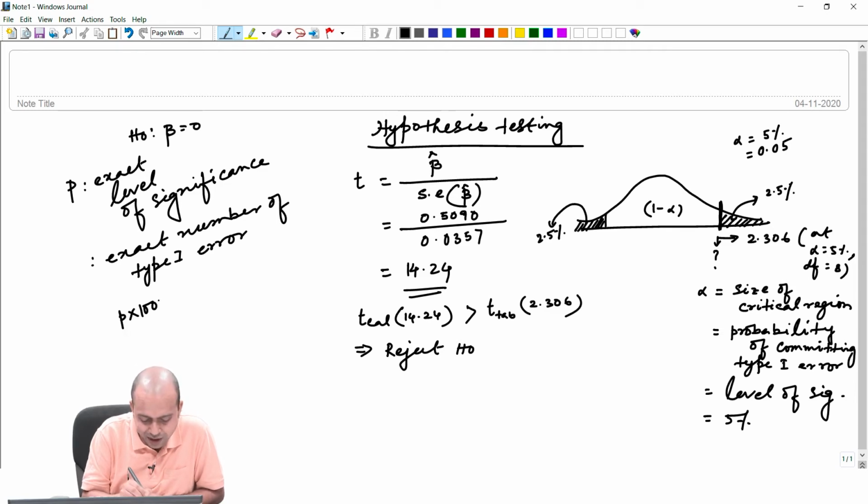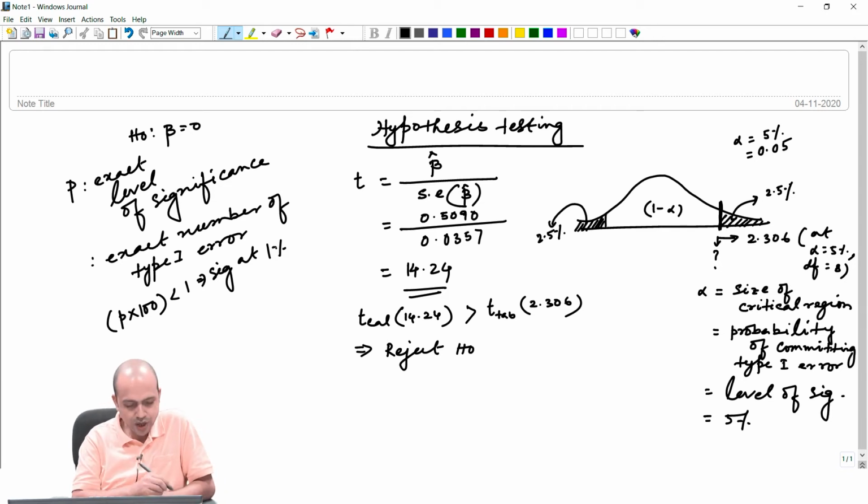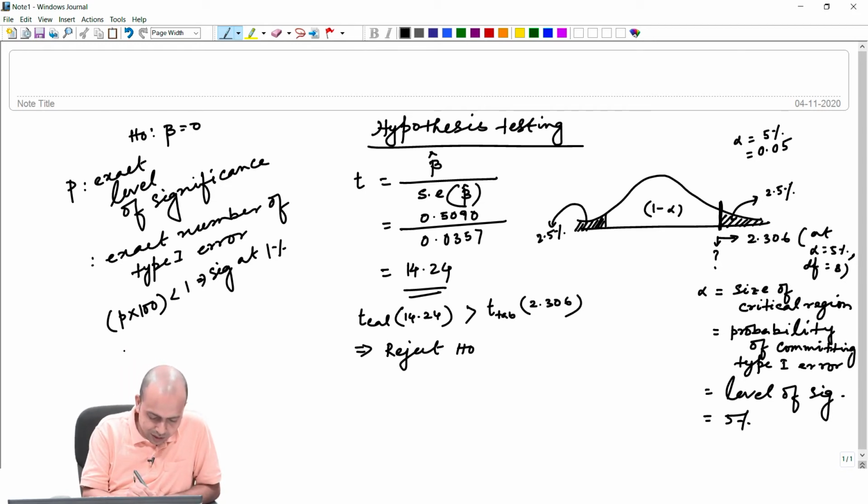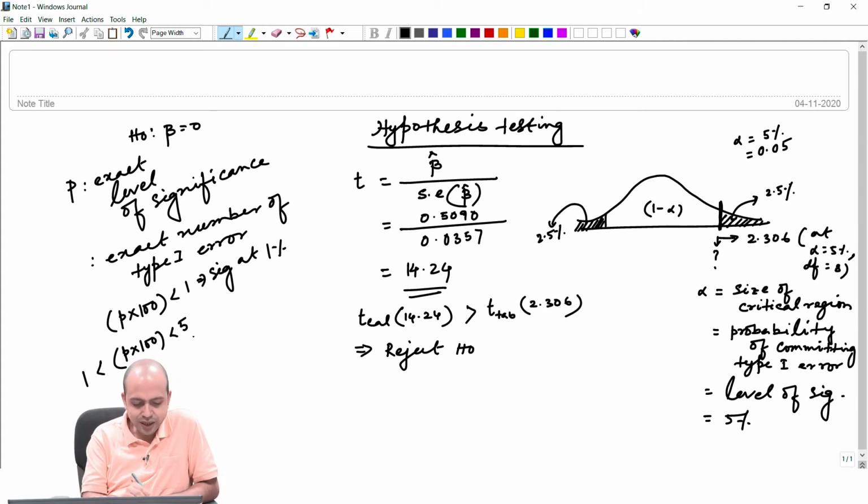And if after multiplication this becomes less than 1, then we will say that the variable is significant at 1%. Then you multiply this by 100, and if this becomes greater than 1 but less than 5, then we will say that the variable is significant at 5%.